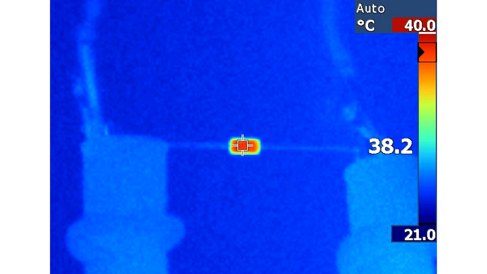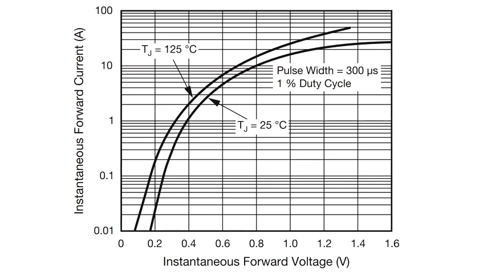This results in a lower temperature of 38 degrees instead of 54 degrees. So basically, Schottky diodes are a more efficient way to block the reverse flow of current. You can always find out the VF of a Schottky diode from the datasheet. Make sure you check out the graph of VF versus current, because the forward voltage is going to change depending on the current. The temperature affects it too.